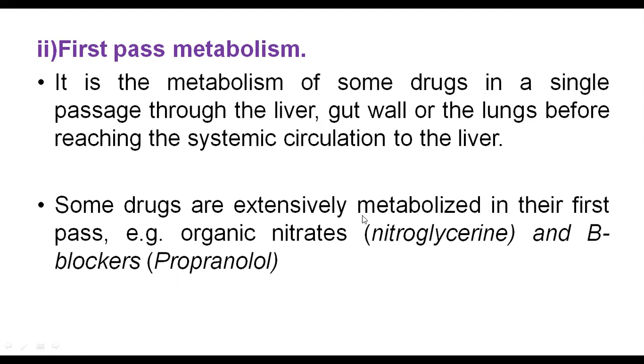So some drugs are extensively metabolized in their first pass metabolism, for example, organic nitrates such as nitroglycerin and beta blockers such as propranolol. When you administer these drugs, quite a significant percentage will be made inactive before the drug actually reaches systemic circulation.